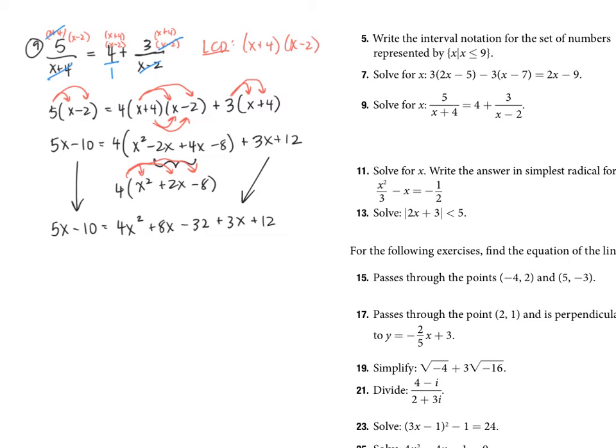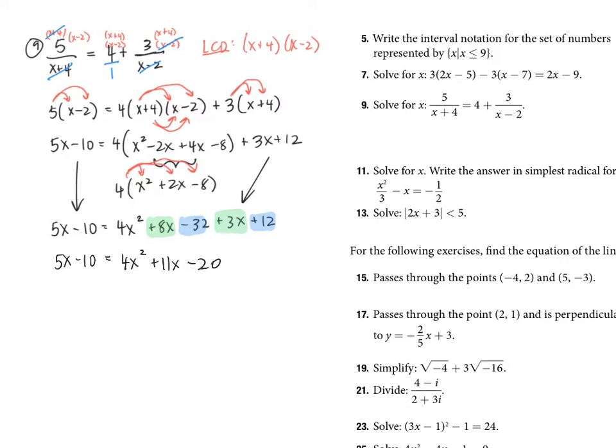So now we are going to add our like terms. So 8x and 3x are like, negative 32 and 12 are like. So we're going to have 5x minus 10 is equal to 4x squared plus 11x minus 20.